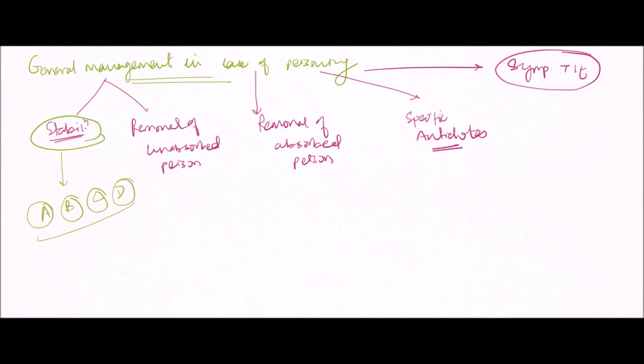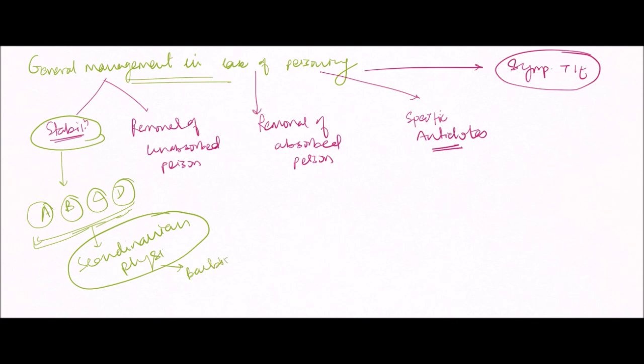These ABCD steps were first used by Scandinavian physicians in case of barbiturate poisoning. So these are also known as the Scandinavian procedure. So this is the step of stabilization.